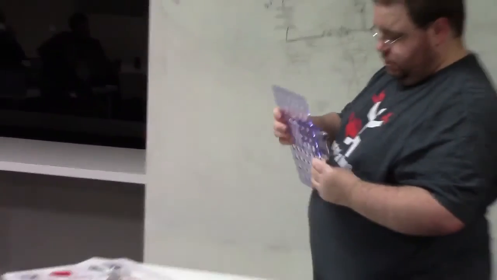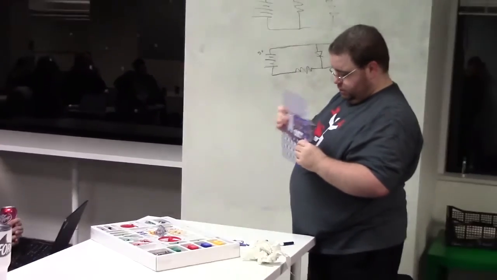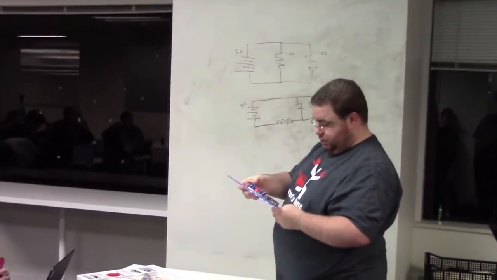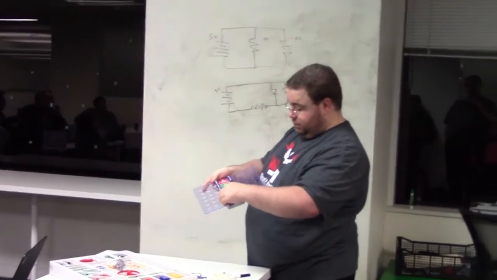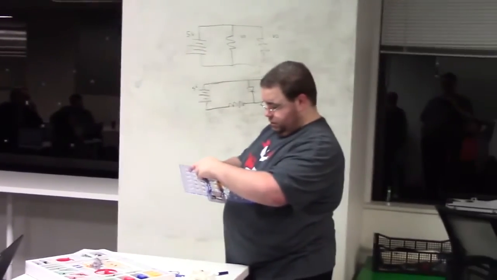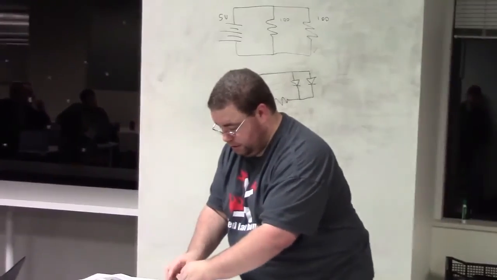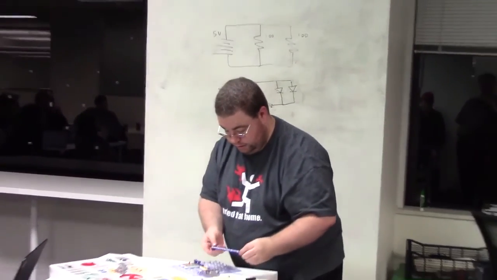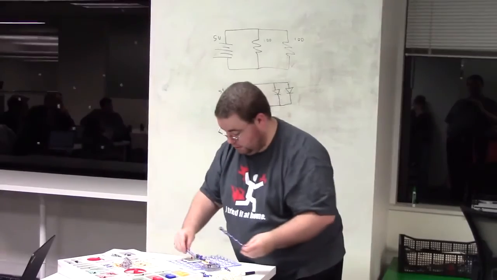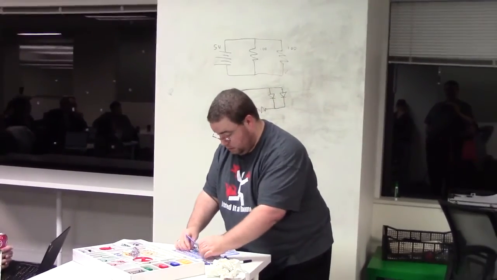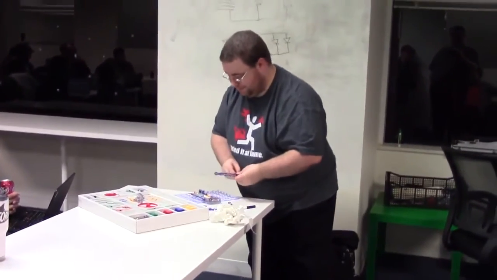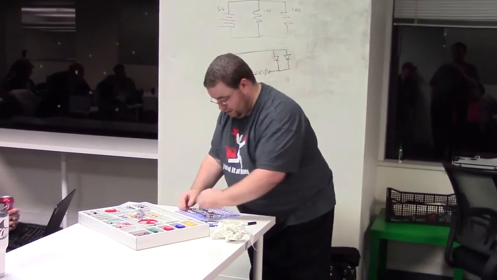For the beginners in the room, you'll find that your part cost is cents. What you're paying for is shipping. So my rule is I don't buy less than $5 of something. And if that means I end up with 50 of them, I now have 50 of them.